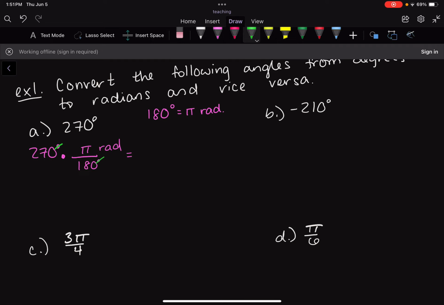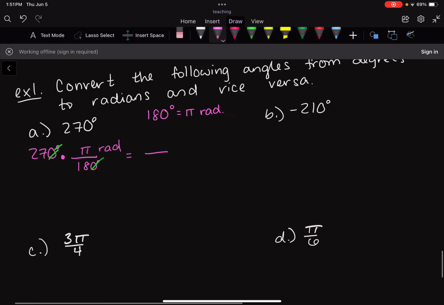Now it's a matter of simplifying, so I'll simplify this by hand. The zeros would cancel out. 27 and 18 can both divide by the same number. They can both divide by 2. So if I reduce this, why did I say 2? I'm sorry. They both divide by 9.